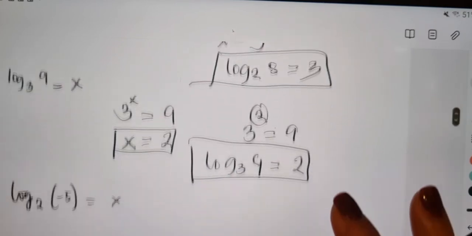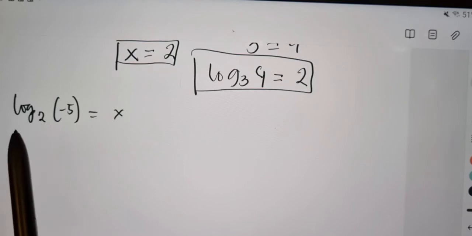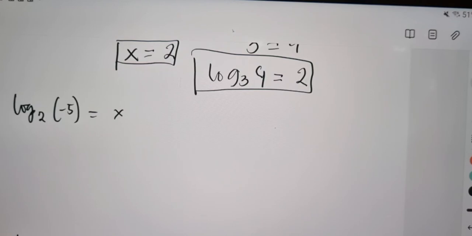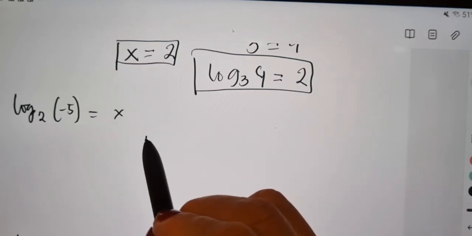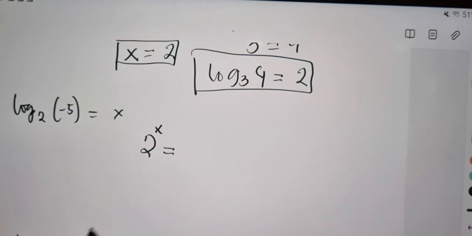Ganun lang kadali. Now, what about here? Log base 2 of negative 5 is equal to x. Tingnan natin, ang base natin ay 2. Ano daw magiging exponent niya na kung saan ang sagot ay magiging negative 5? Meron ba?